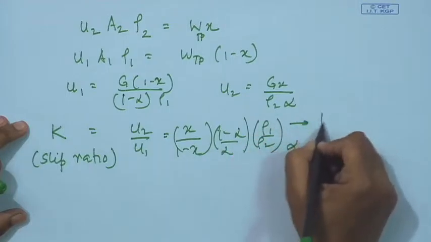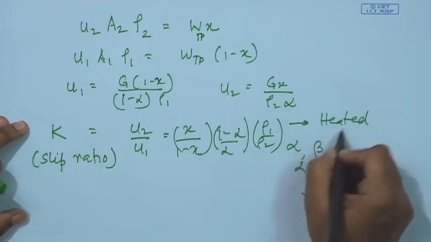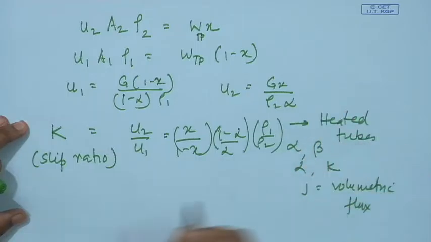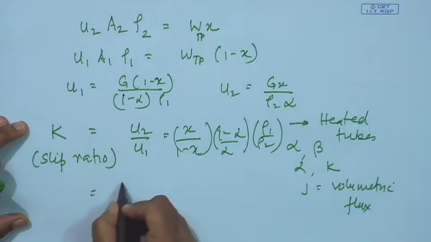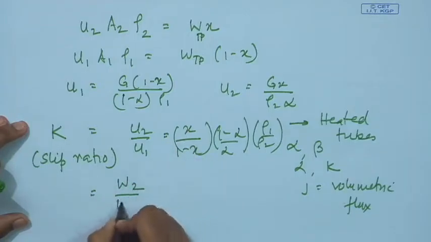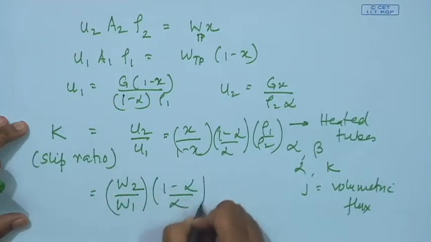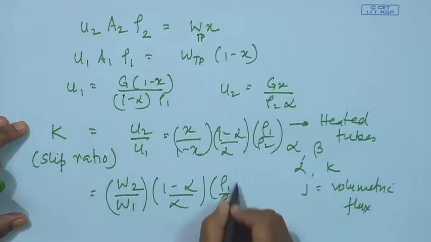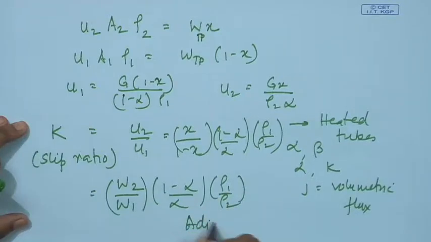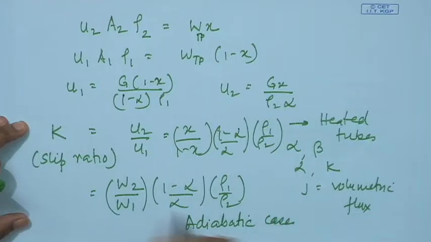This is the situation for heated tubes where we have boiling two-phase flow, and instead of x by 1 minus x, it is better represented as W2 by W1 for adiabatic cases, because in this case W2 and W1, whatever is introduced, remains as it is.